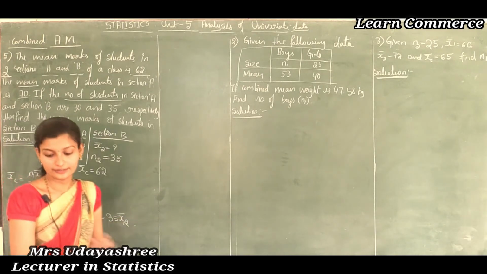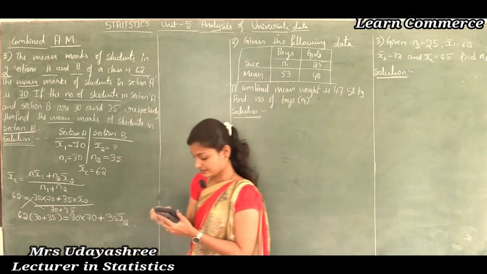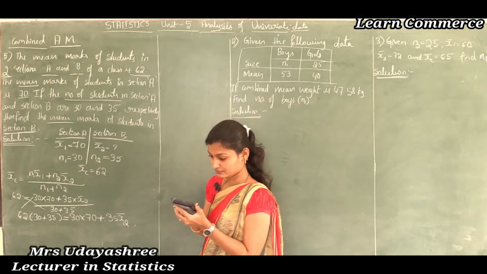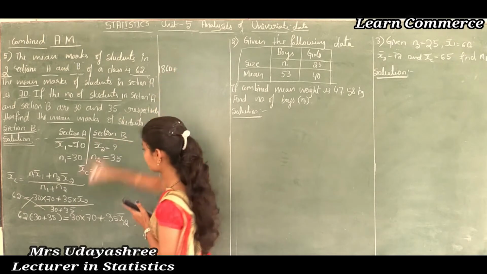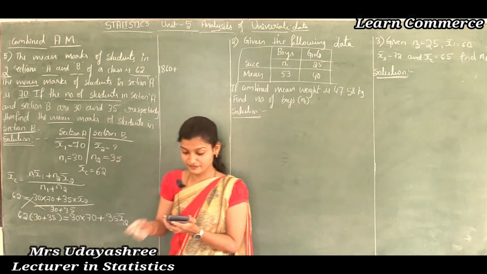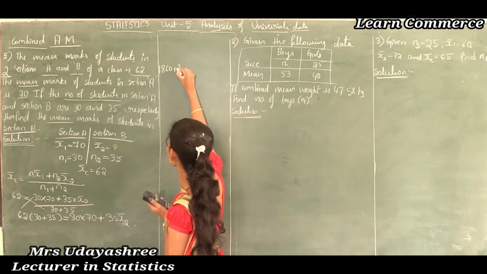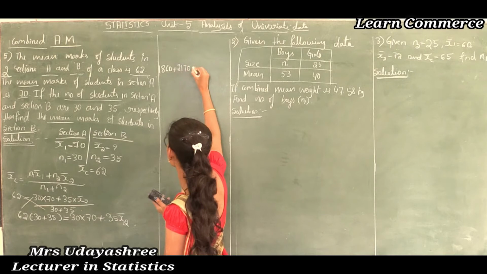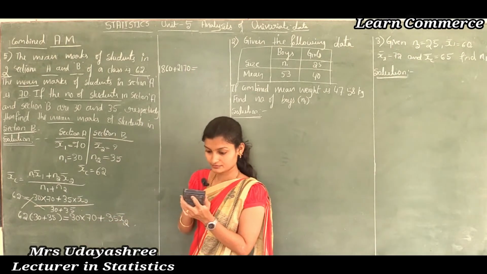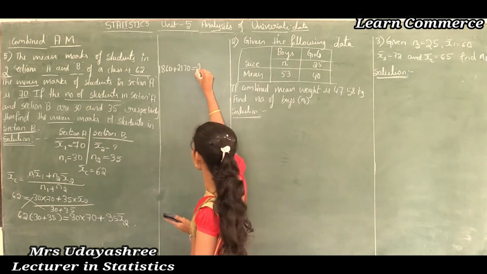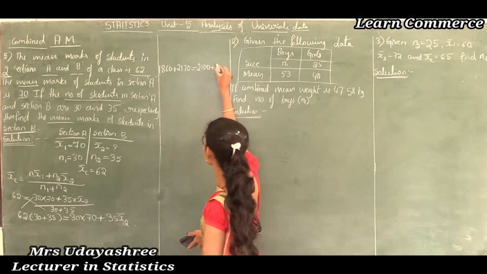Now see here, 62 into 30 is 1860, plus 62 into 35, that is 2170, which is equal to 30 into 70, that is 2100, plus 35 into x bar 2.